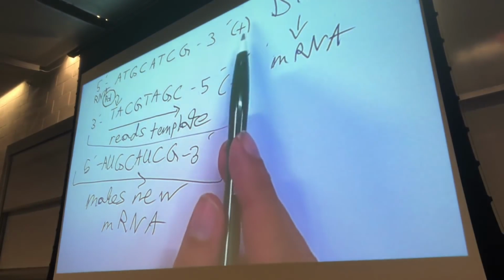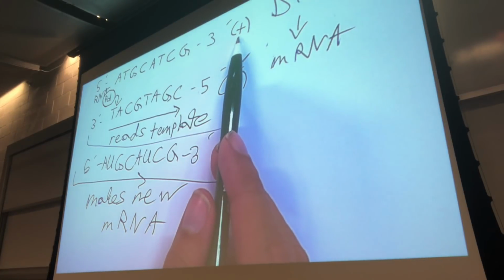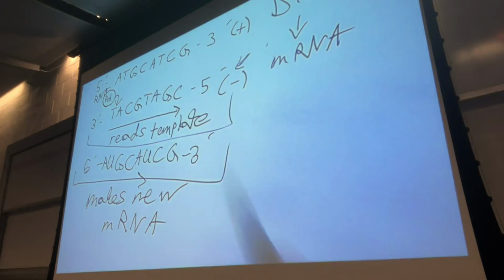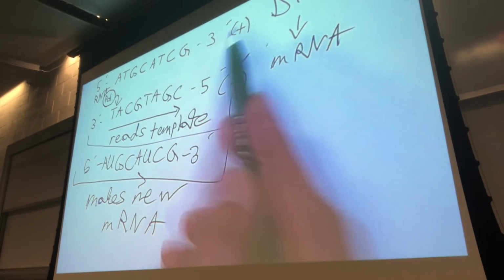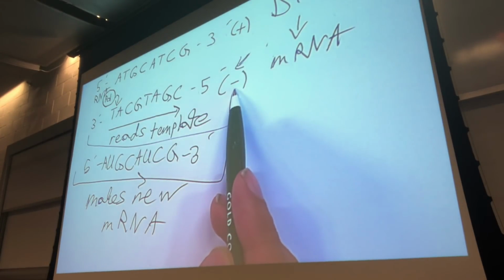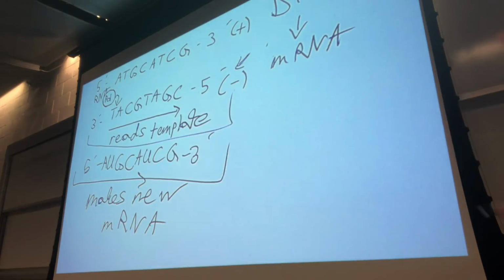Some genes are on the plus strand of DNA, meaning the RNA polymerase will have to bind to this strand to read as a template. Other genes are going to be on the minus strand of DNA, so RNA polymerase will have to bind that one instead. Don't worry about memorizing which direction is plus or which direction is minus. Just note that that's the notation that is used to distinguish one strand from the other.